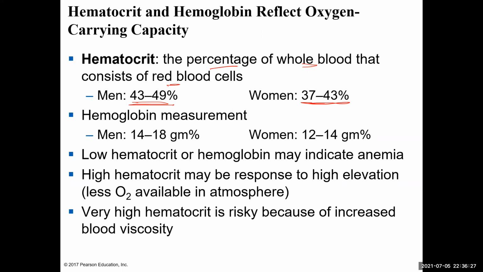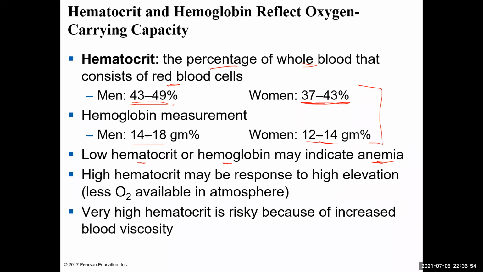Now, if you measured the hemoglobin that's within those red blood cells, you would get about 14 to 18 or about 12 to 14. So if you have a low hematocrit or hemoglobin concentration relative to these numbers, you may be anemic, right? So you may not be getting enough oxygen to your organs and your other tissues.